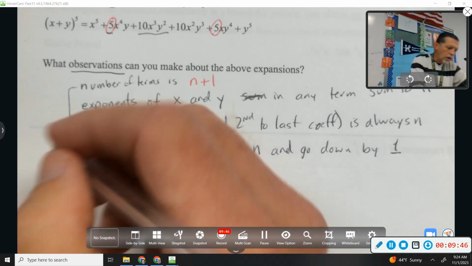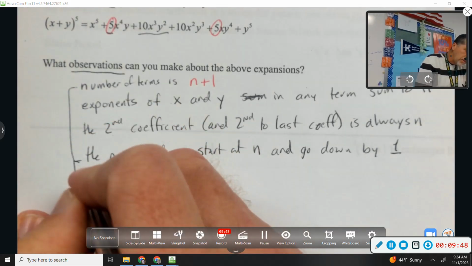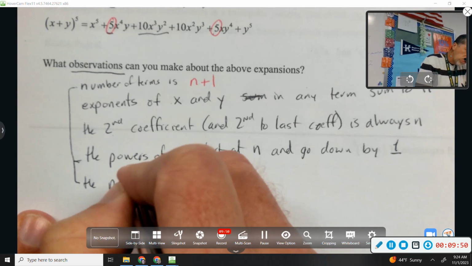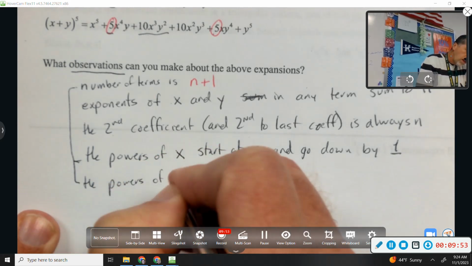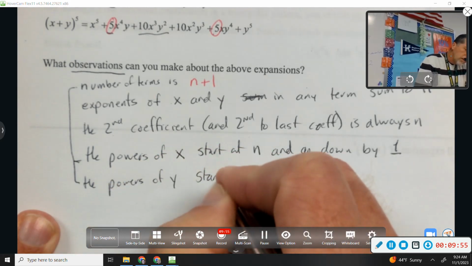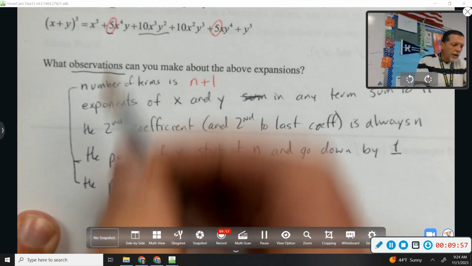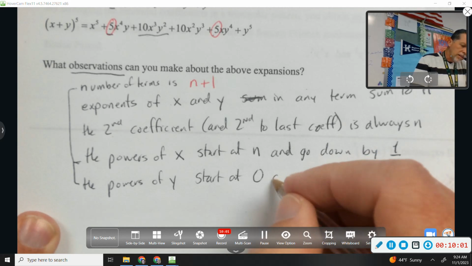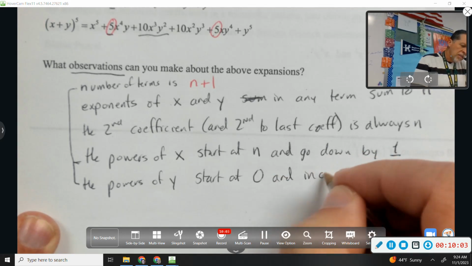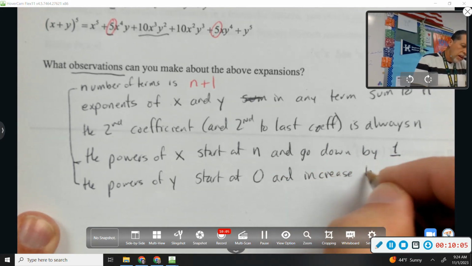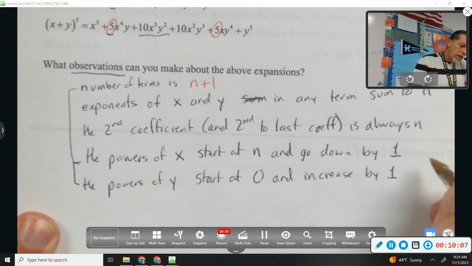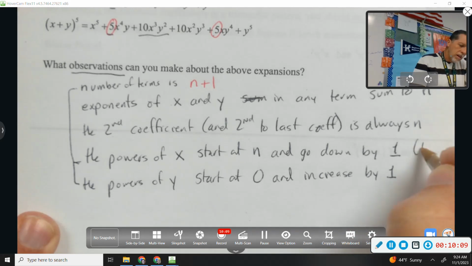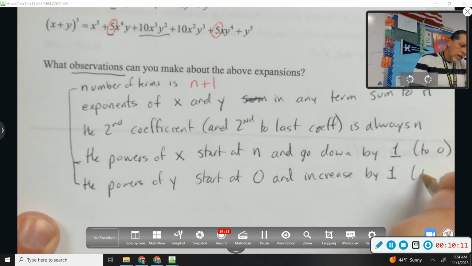And also related to that is the powers of y. They start at 0, right? There aren't any y's in the first term, and increase by 1 until they get to n.